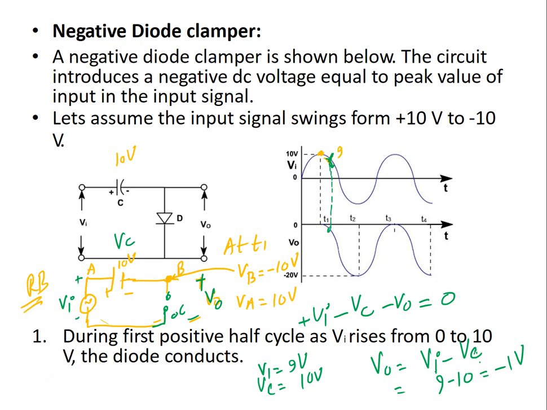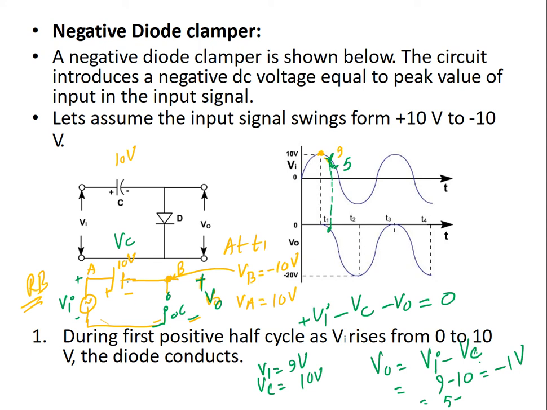Let's say here we have reached the value of 5 volt. In this case the input is 5, and this capacitor is constantly charged. This is an open circuit, which means this capacitor is not discharging. The capacitor will discharge only when there is a flow of current.